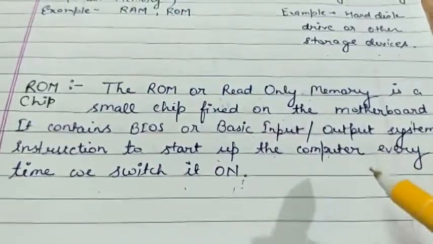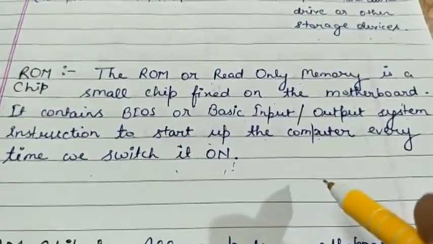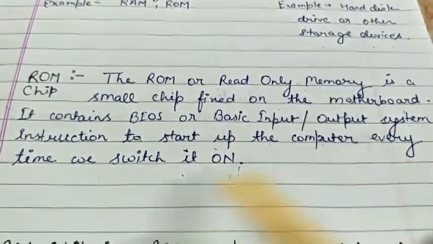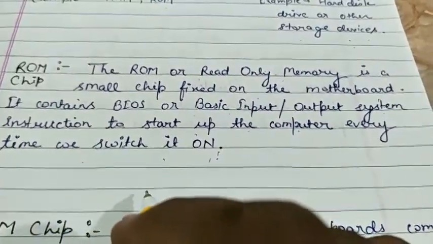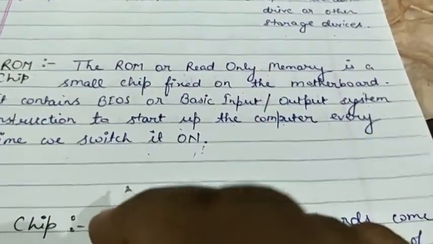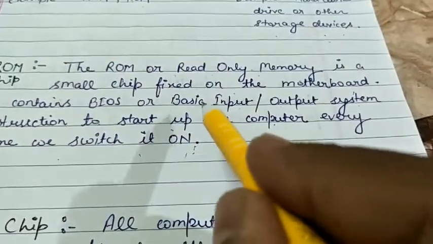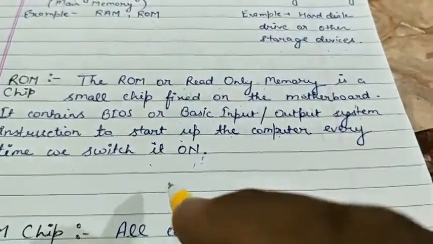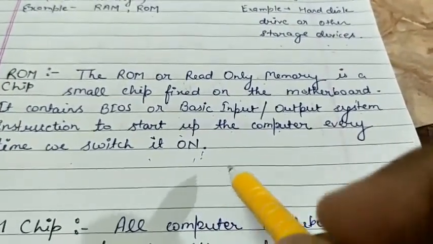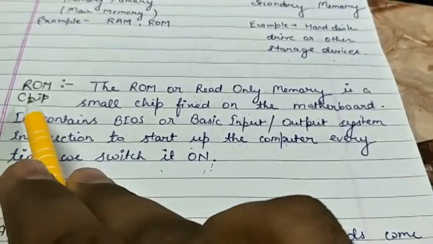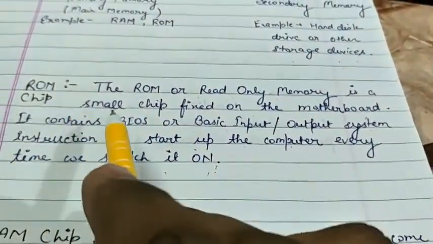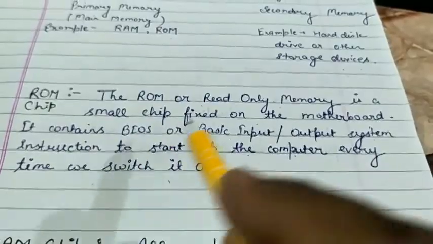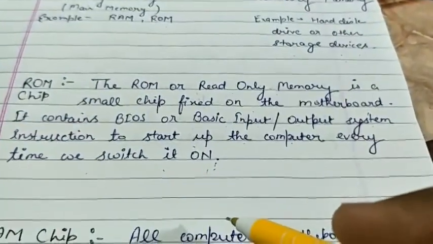But nowadays we write the basic input output system instructions in a flash memory. Why? Because those instructions you can change, edit and update. That is not possible in a ROM chip. That's why nowadays the ROM chip is replaced by a flash memory.